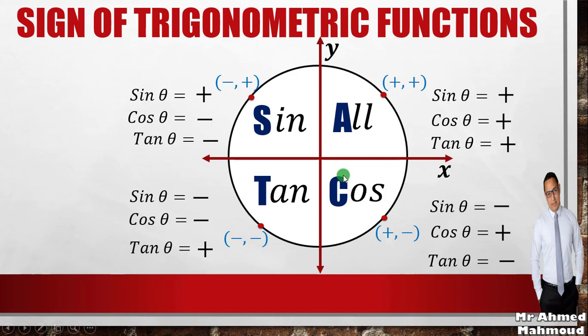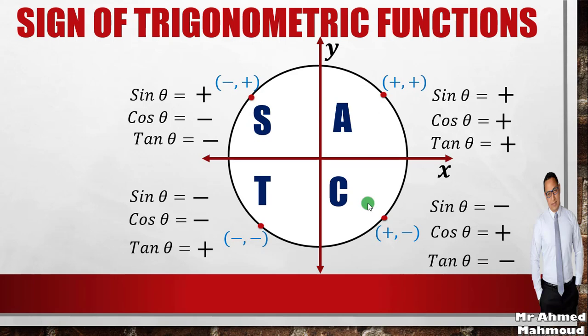This is called the ASTC rule, taking the first letters of All, Sine, Tan and Cosine. ASTC means All, Sine, Tan, Cosine. This is a very important rule.